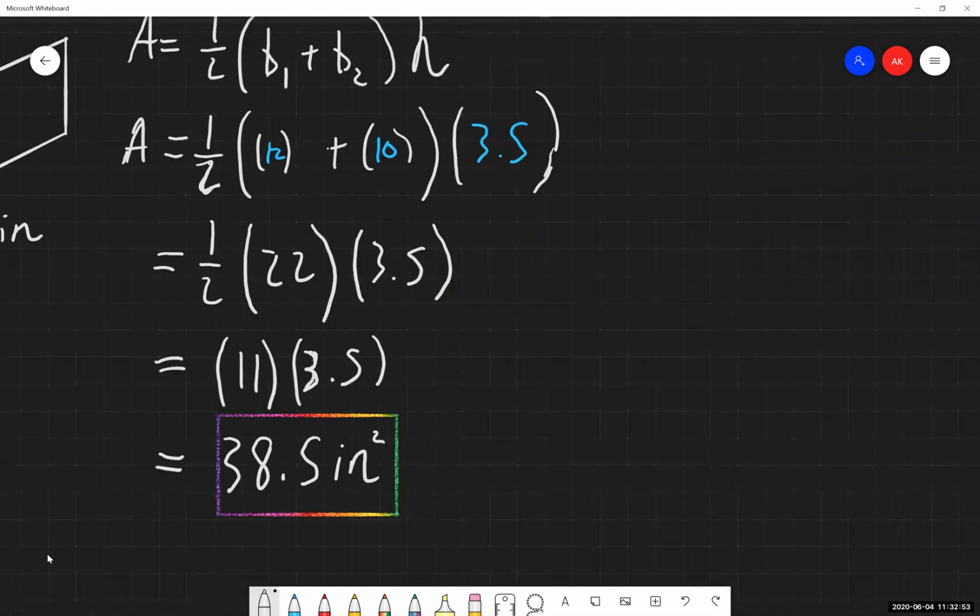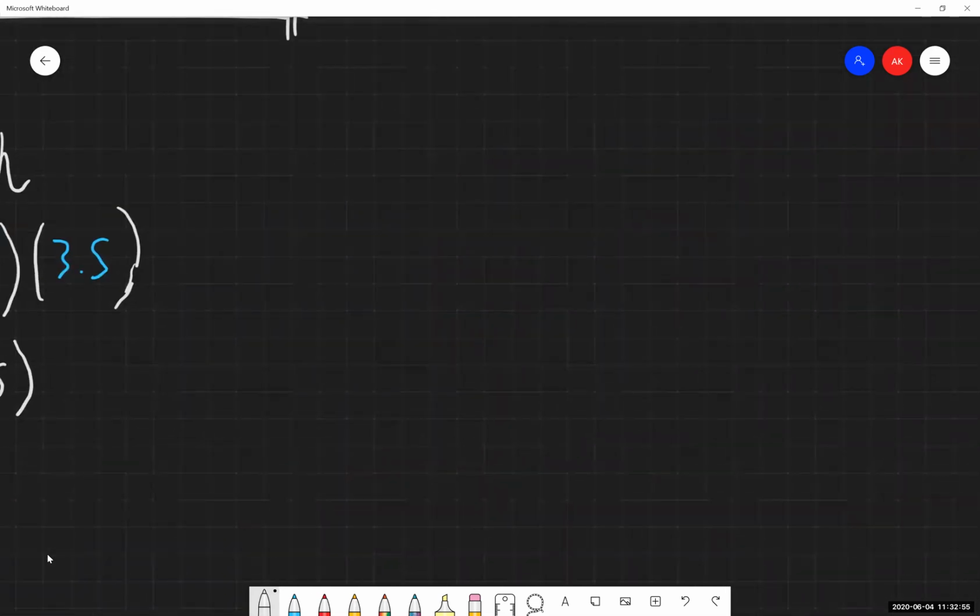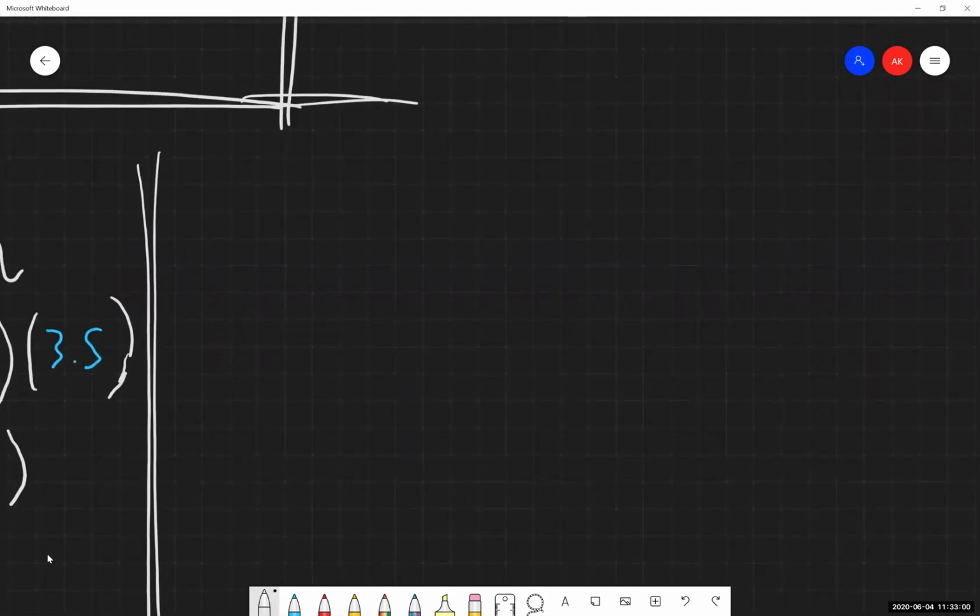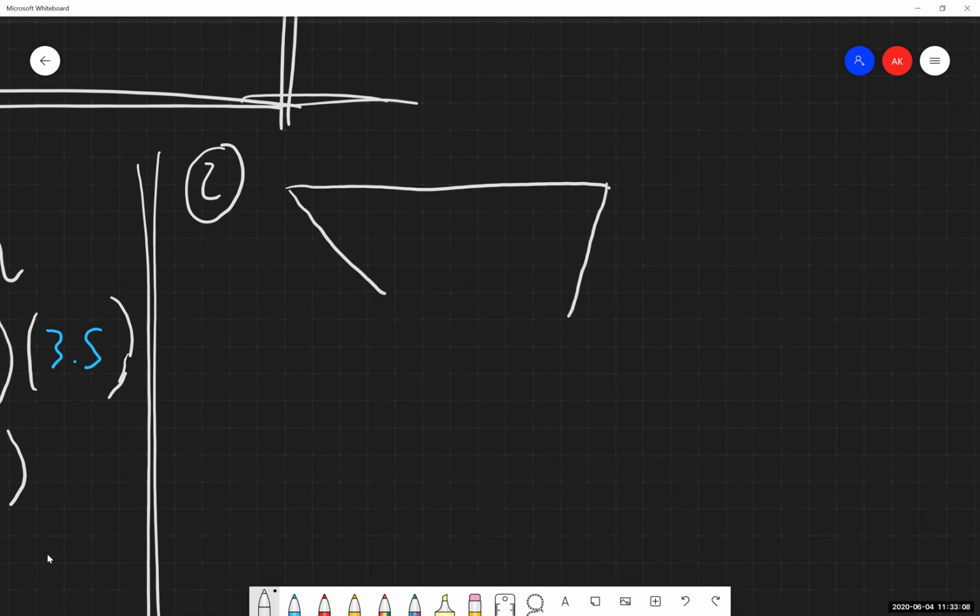Take a look at our second trapezoid that we have shown up here. So we've got something kind of a weirder looking one, but work with it all the same. Something about like that.